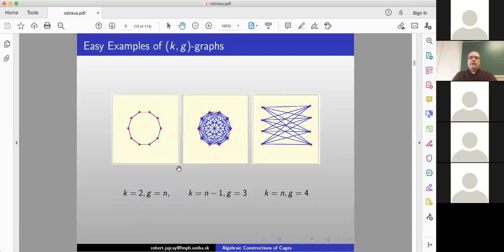Now I'm going to really start thinking about the problem. So remember, we have the given k and g, and we're looking for the smallest graph with those parameters. And I'm listing three easy examples to just give you an idea what these graphs look like. For instance, when k is 2, each vertex is of degree 2, and the girth should be n, so the shortest cycle should be of length n. Then obviously this is it.